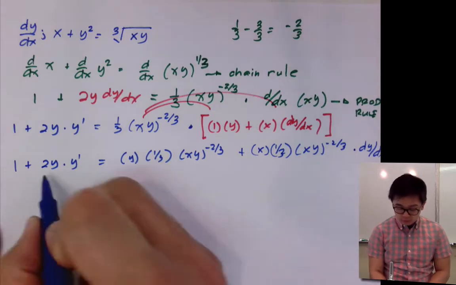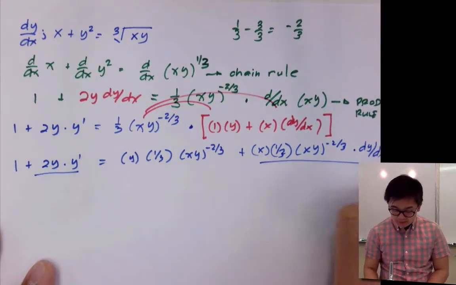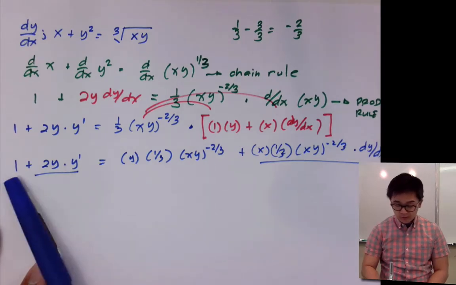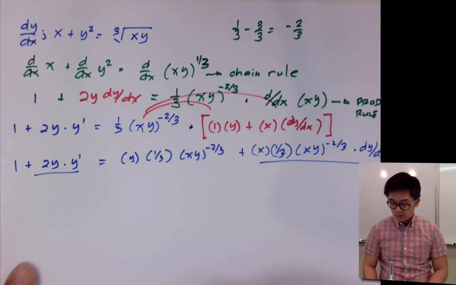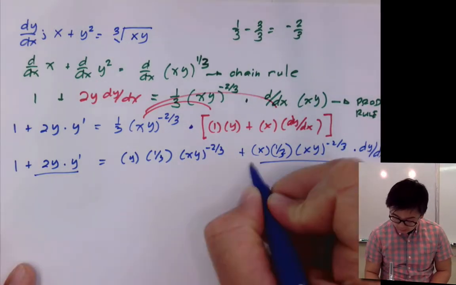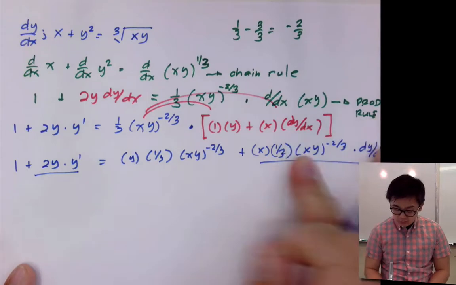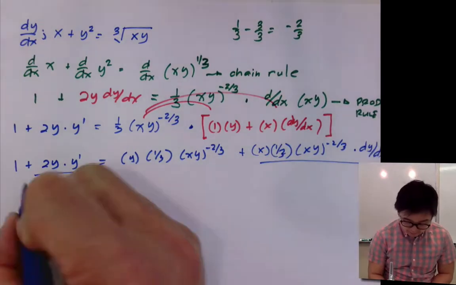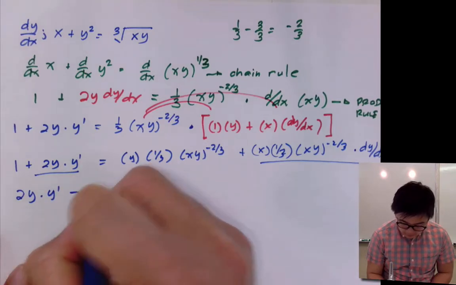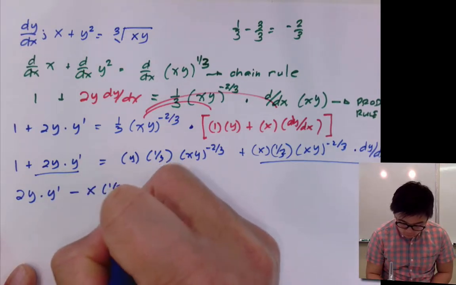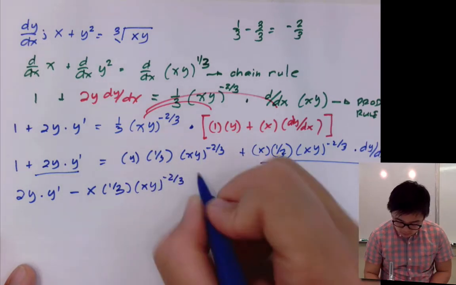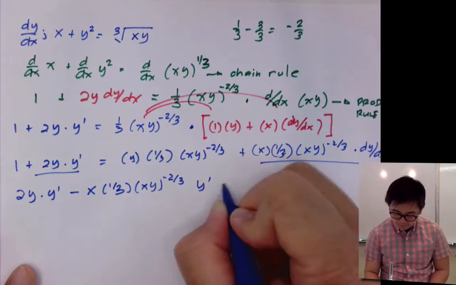I know that I'm going to be grouping this and this on this side of the equation, and my plan is to get rid of 1 right here and put it on the other side of my equation. So my dy/dx will be here. By subtracting this term on both sides, I'll have 2y y prime minus x times 1/3 (xy) to the negative 2/3 y prime.